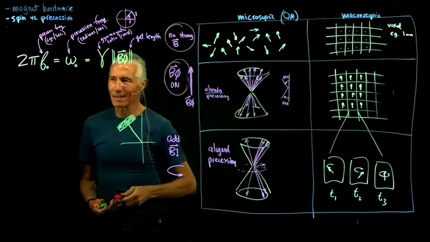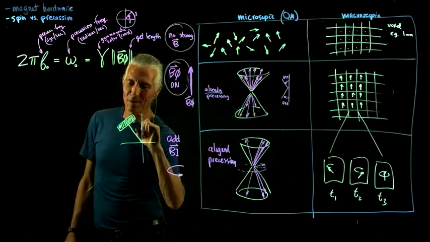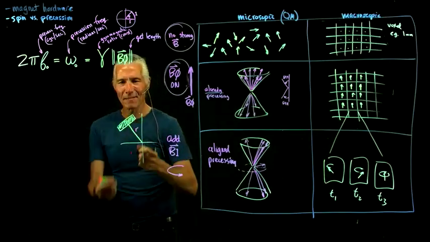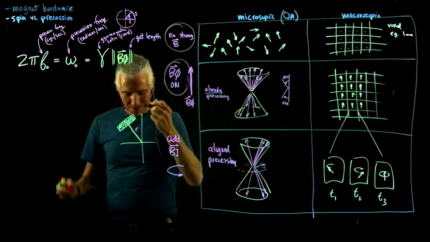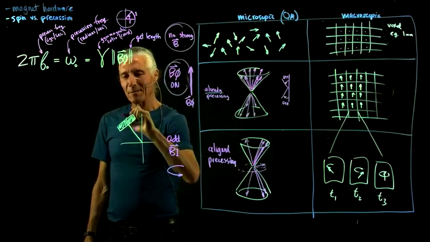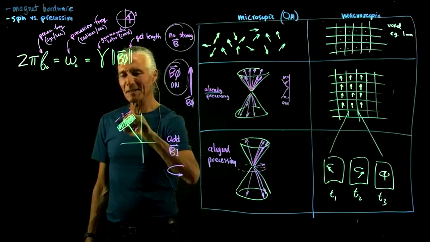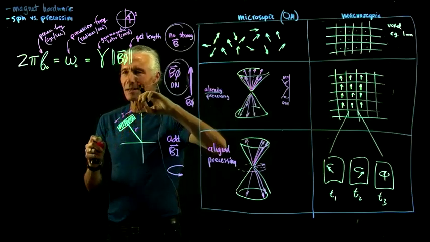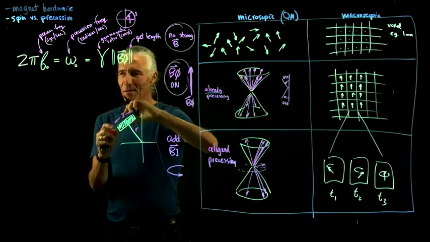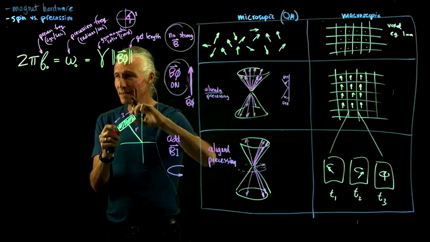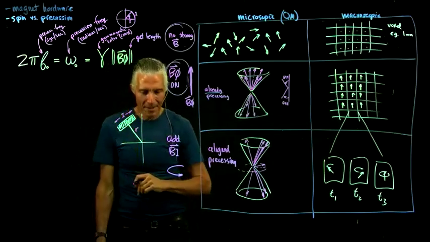But now we've got several things, like how long is the stalk of the top, and how is the metal distributed in the top? Is it a long thin disk or a shorter disk? That's going to change things.